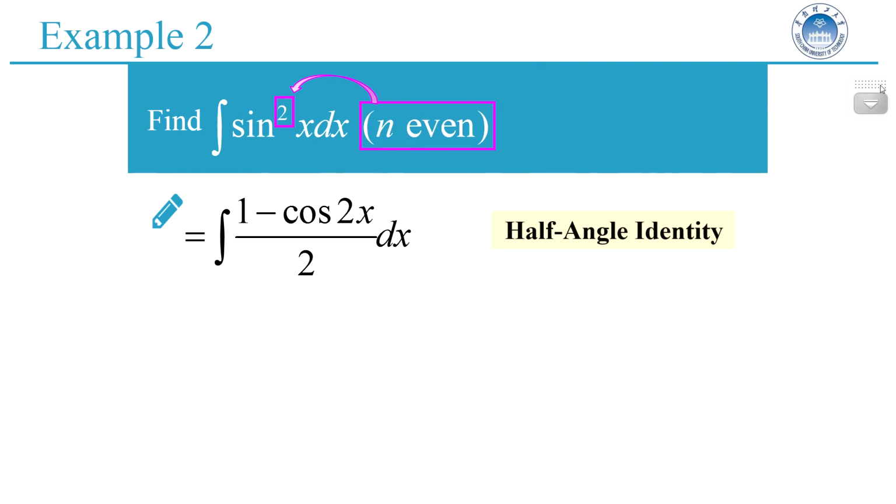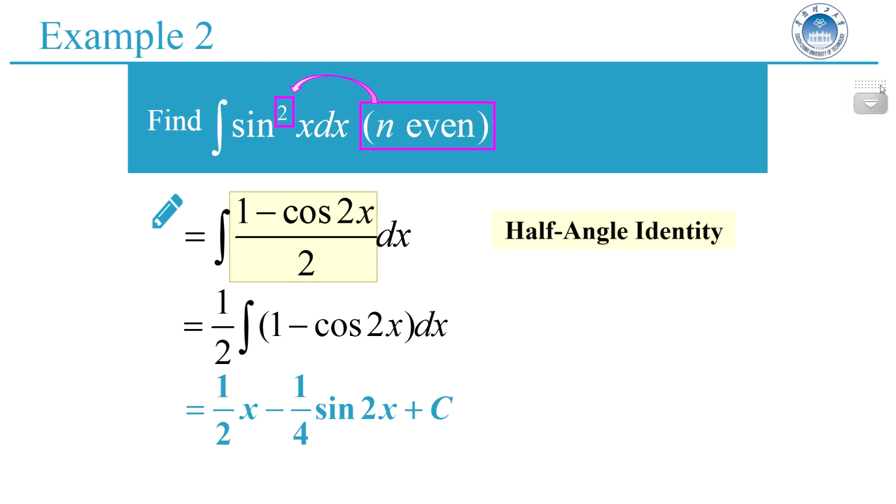How to do? Yes, half is a constant, so we can take out the half. Write it as 1 minus cosine double x dx. So now the integral of 1 dx is known, equals x. For cosine double x dx, try using the substitution.